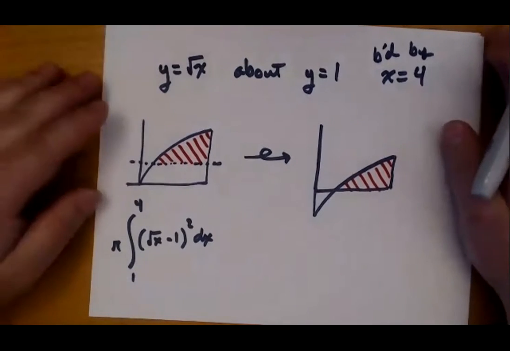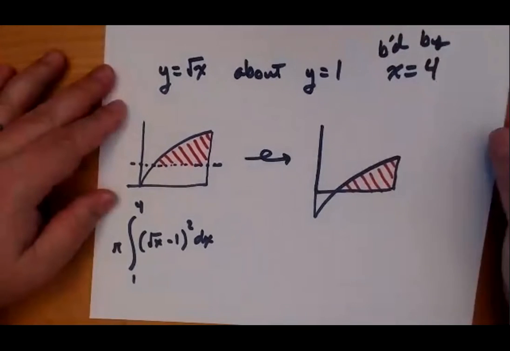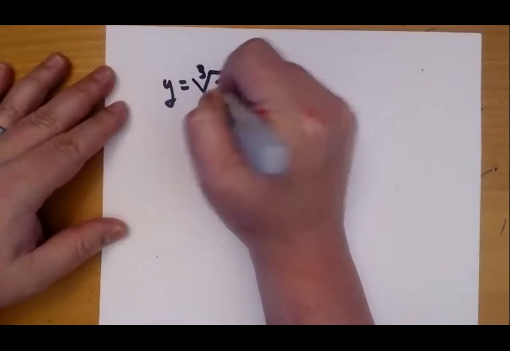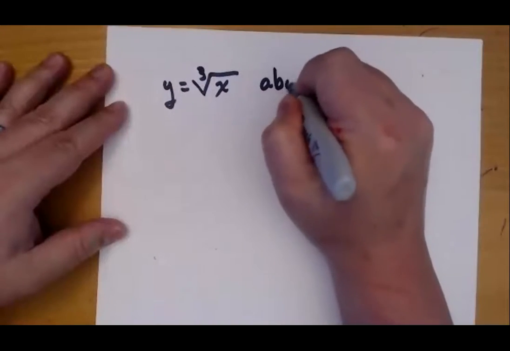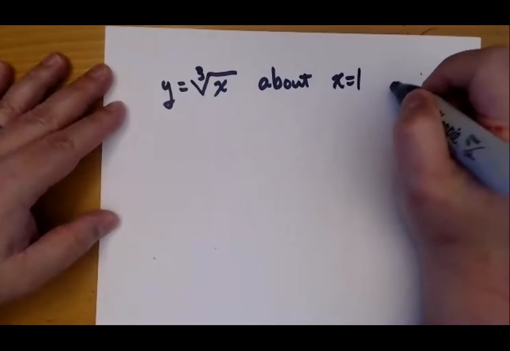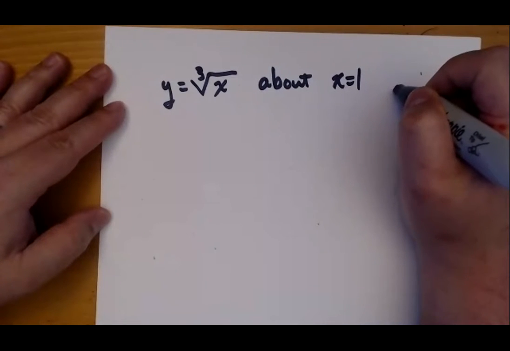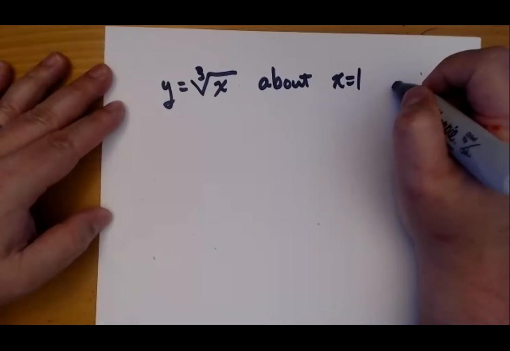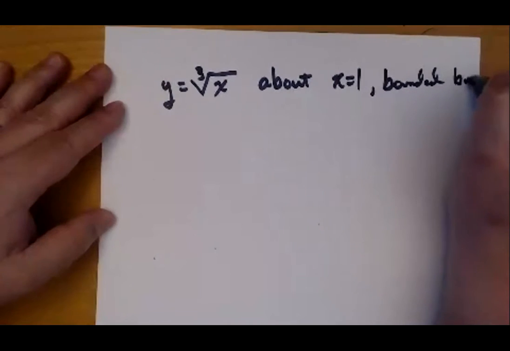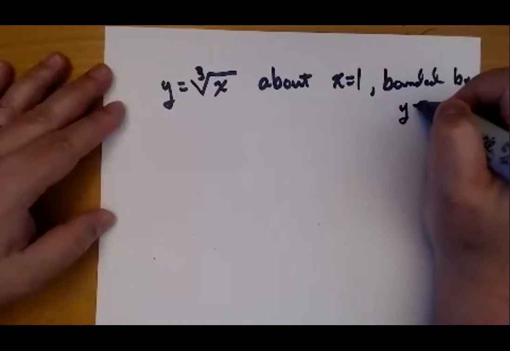So let me give you a more complex problem. Y is equal to the cube root of x about x equals 1 and bounded by y equals 2.